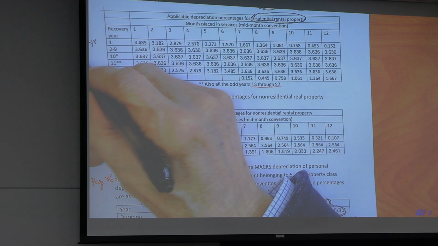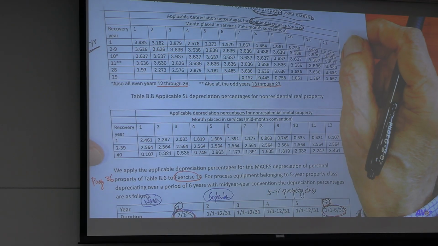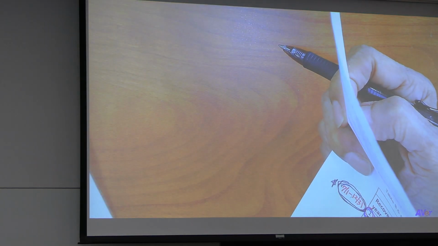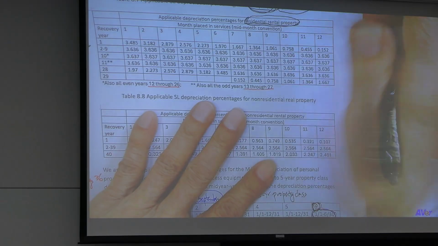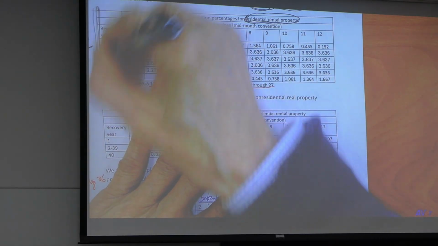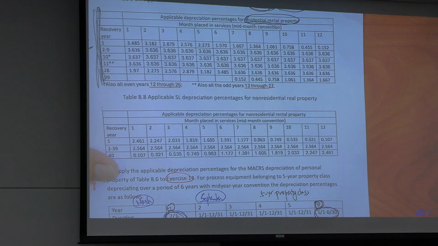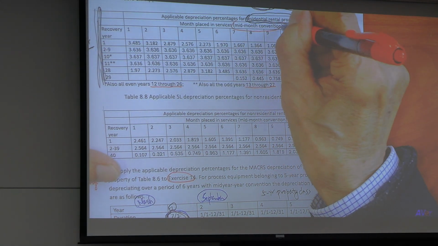How do you count 27.5? Okay, watch here. This has a special requirement, mid-month convention.